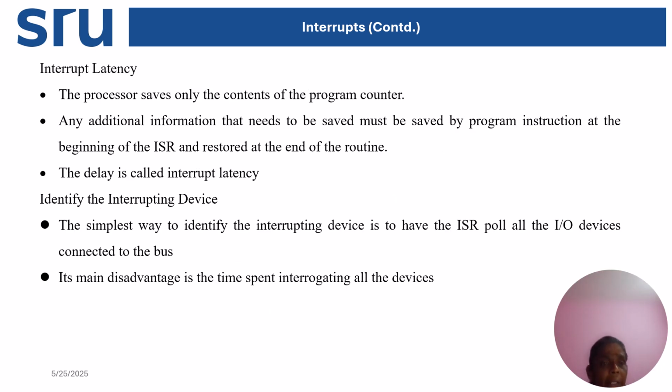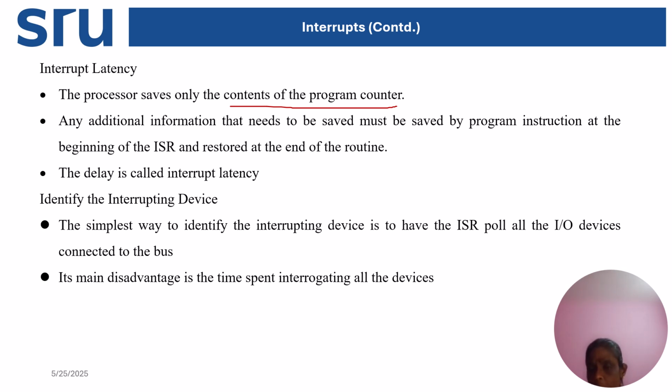Next one, interrupt latency. Latency means that due to an interrupt, some delay will happen. That is interrupt latency. The processor saves only the contents of the program counter, because due to the interrupt, it has to resume the program.